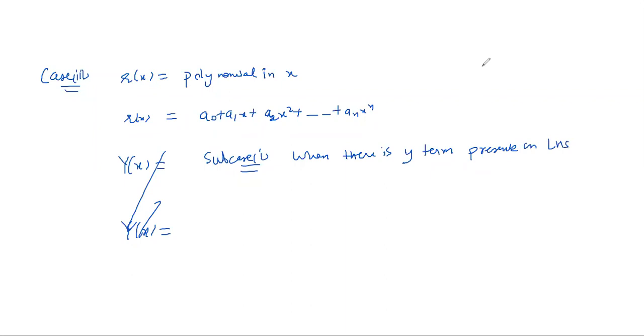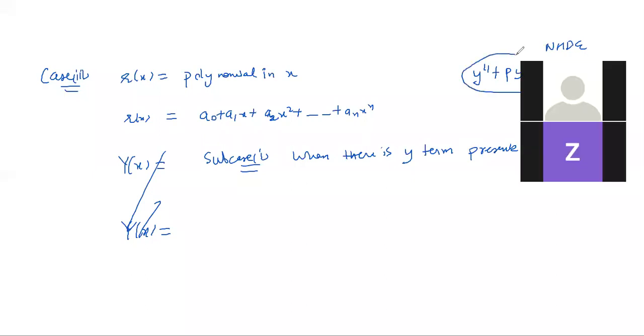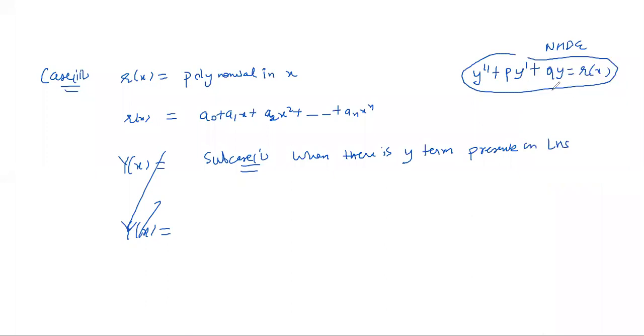Now the underlying fundamental equation of second order is y double dash plus py dash plus qy is rx. This is the non-homogeneous differential equation we have considered to solve, right? So what I'm telling you is, when Rx is a polynomial, what Yx you have to choose.